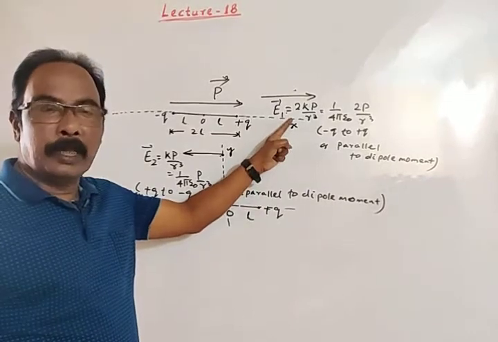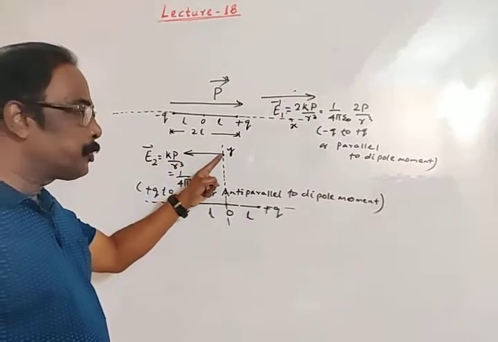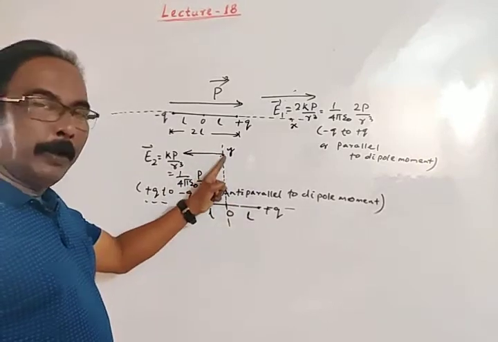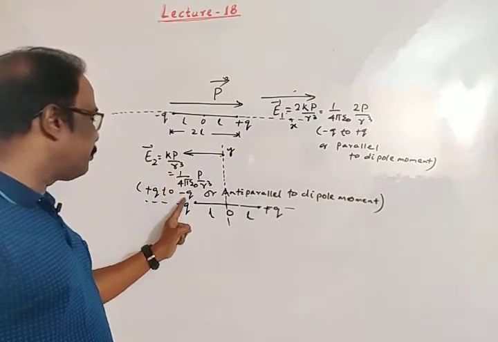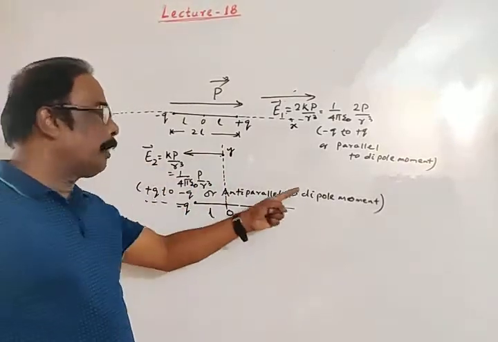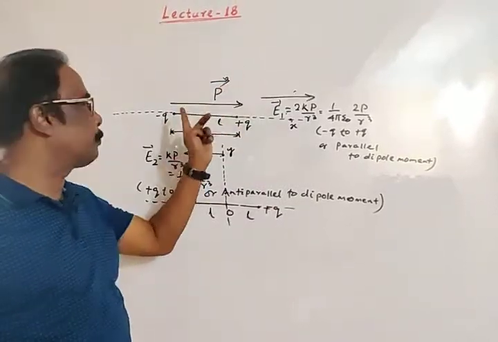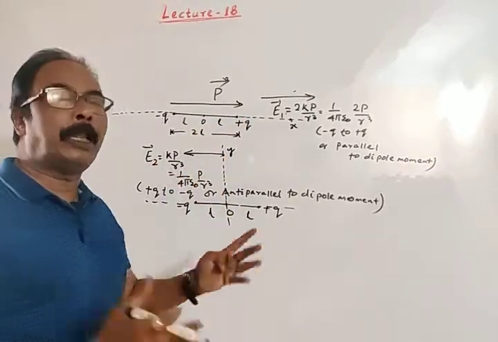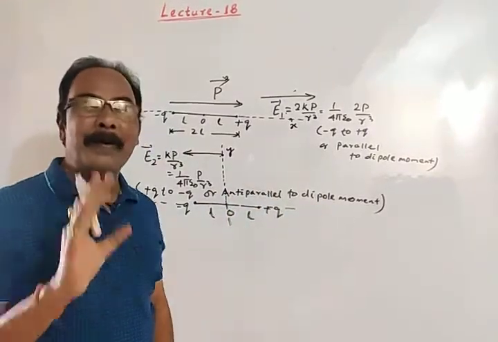End-on position means any point on the axial line, and this is the electric field at the broadside-on position. The broadside-on position, or tan B position, is any point on the equatorial line, and the electric field at any point on the equatorial line is kp by r cube, and its direction is from plus q to minus q, or anti-parallel to the dipole moment, since the direction of dipole moment is from minus q to plus q, and this is directed from plus q to minus q. So electric field intensity at any point on the equatorial line is anti-parallel to the dipole moment.